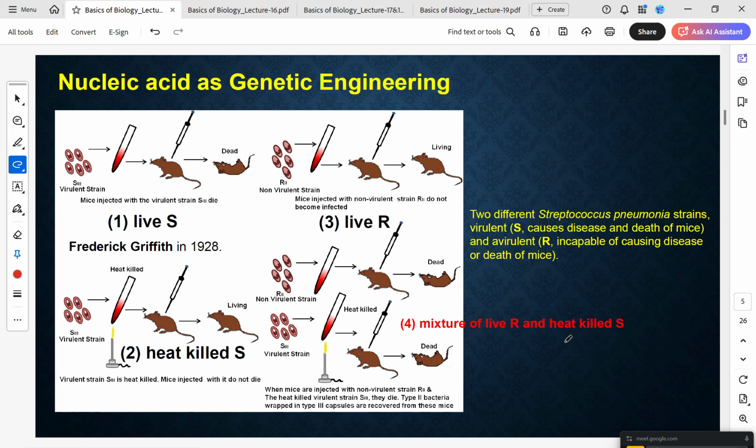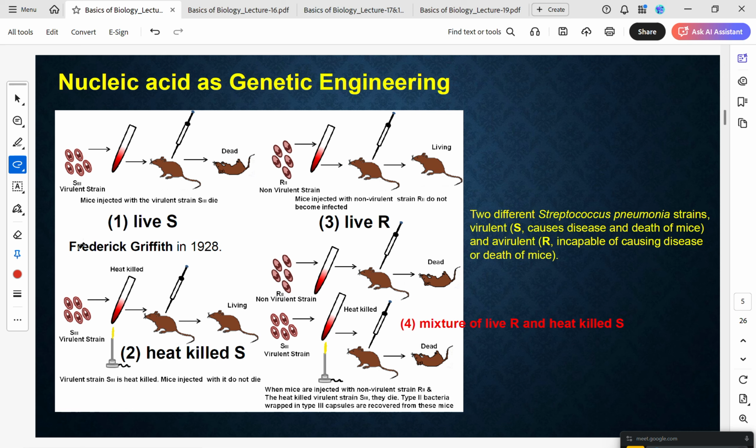Subsequently, if time permits, I'll also discuss Hershey and Chase's experiments and Avery-MacLeod's experiments, where all of these experiments, sum total, tell us that nucleic acids are in fact the genetic material and not proteins or carbohydrates that get transferred across generations.